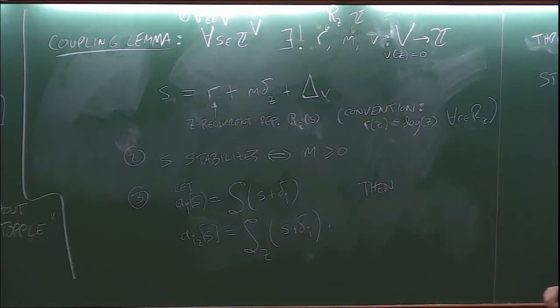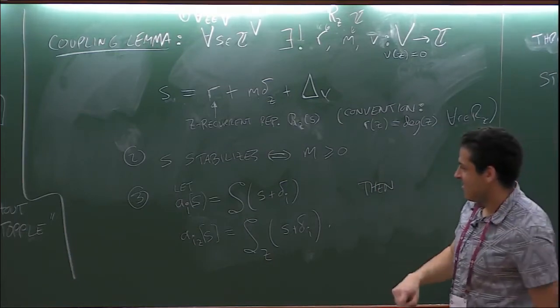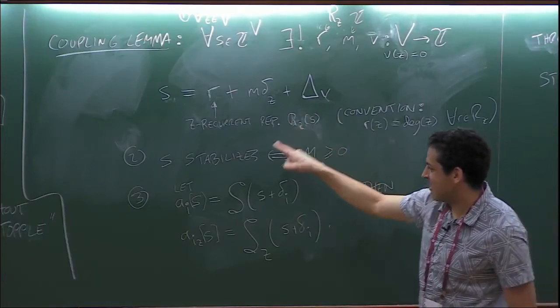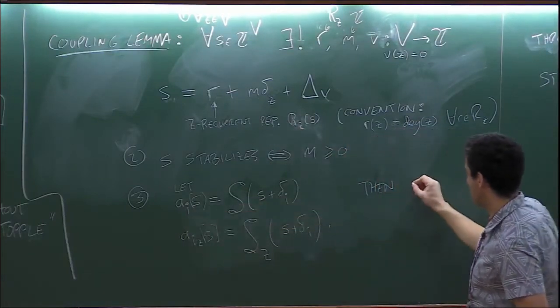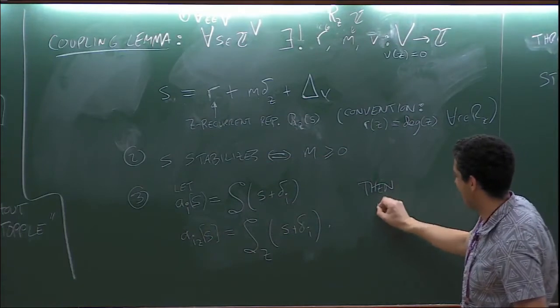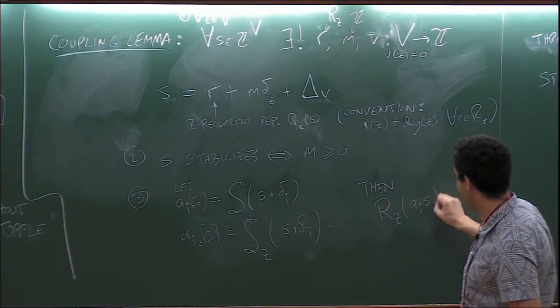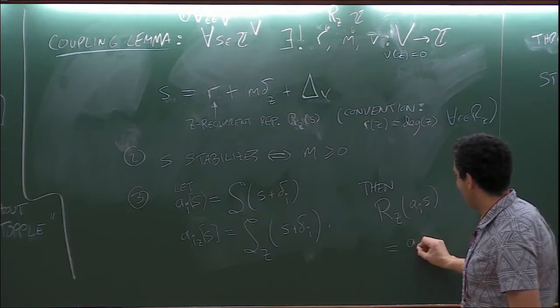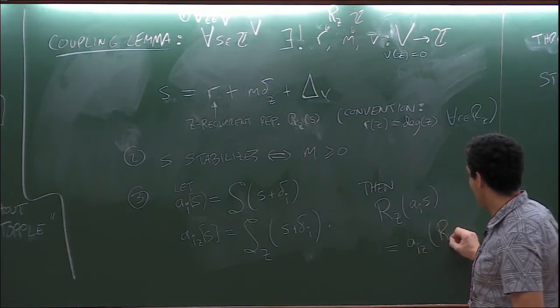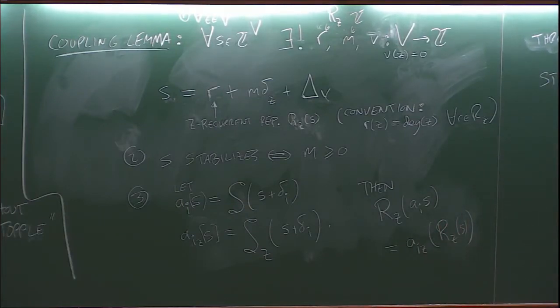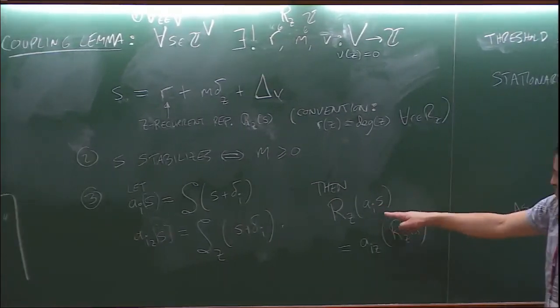So then something very fortunate happens, which is that this R_Z function takes A_i to A_i^Z. So let's see, how do I write that? R_Z of A_i S equals A_i^Z of R_Z of S. So it's a kind of commutative diagram.